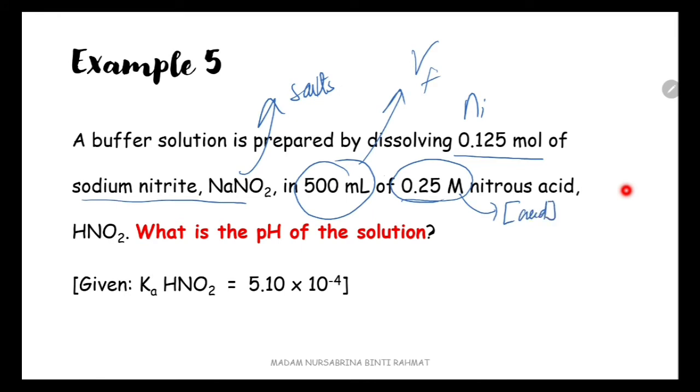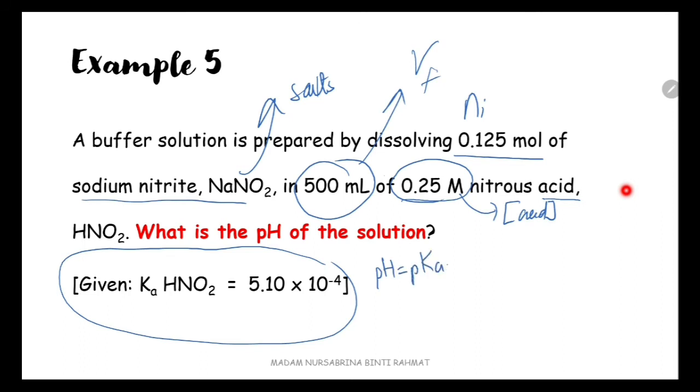For every buffer system, if you need to calculate the pH of the buffer, either the buffer itself or after addition of a small amount of strong acid or strong base, they will give you the value of the Ka. This one is an acidic buffer because we are given an acid. Therefore, we're going to use the formula pH equals pKa plus log salt over weak acid.